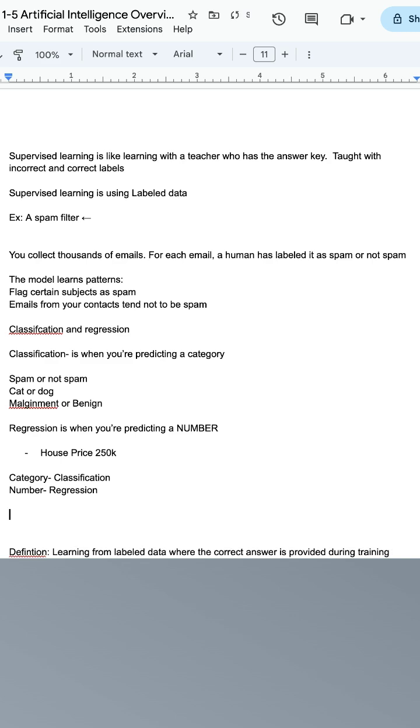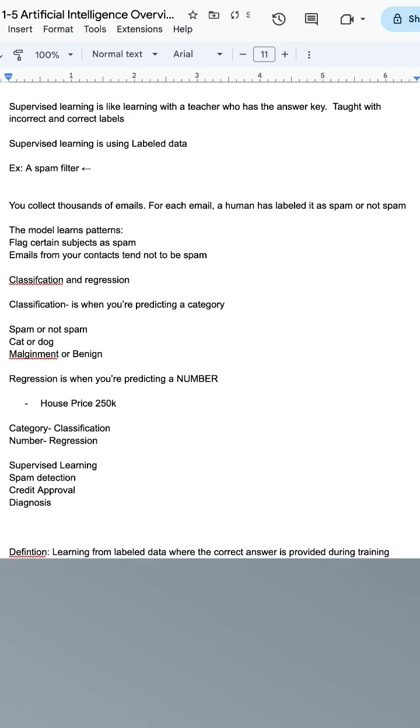A couple of real world examples of supervised learning are spam detection, credit approval, because it's a yes or no answer, diagnosis, price prediction, which would be an example of regression, and image recognition, which is trained on photos labeled with what's in them.